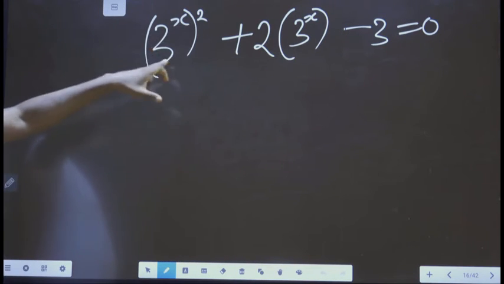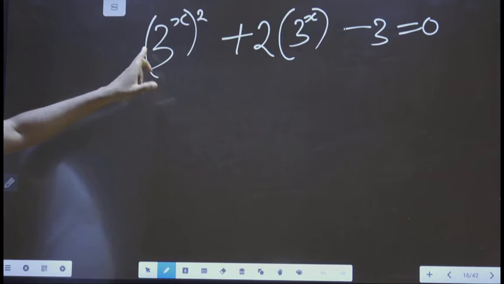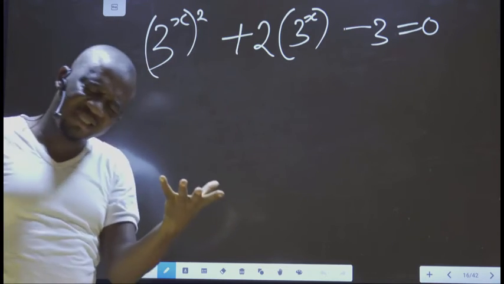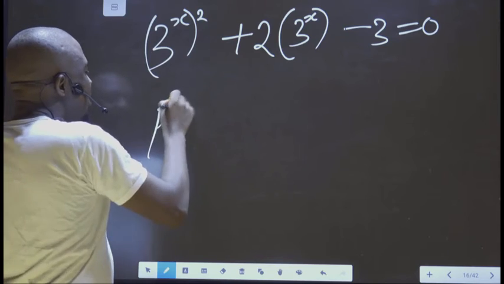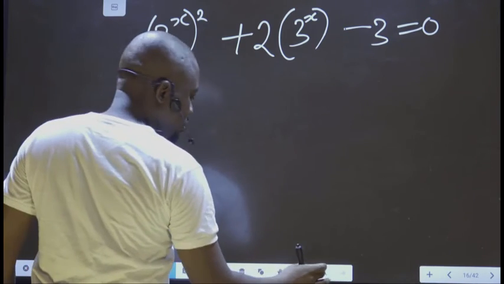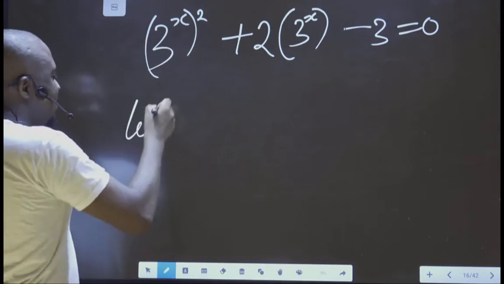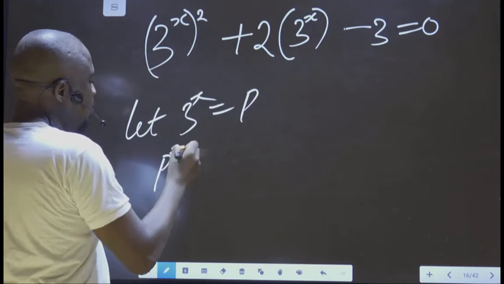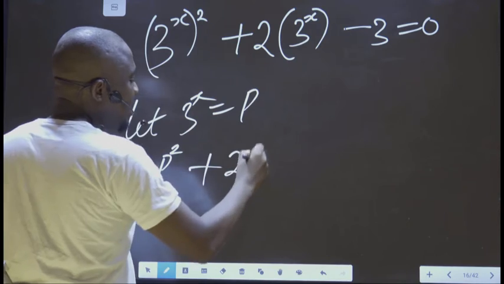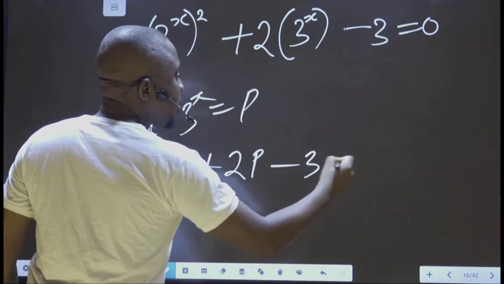We are going to replace this 3 raised to power x. Let's choose another letter. Let's say p. Let 3 raised to power x equal p. So p raised to power 2 plus 2p minus 3 equals 0.